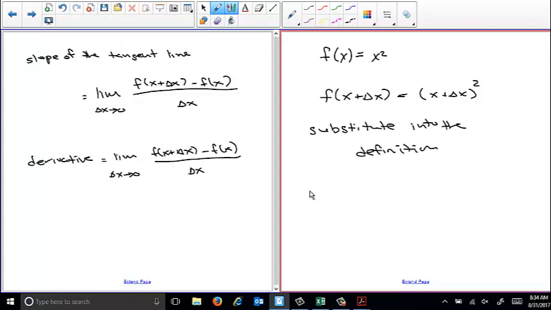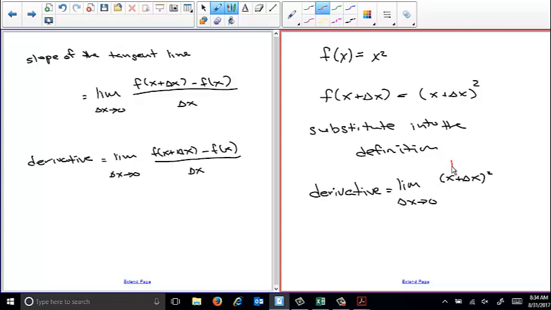So what we say is the derivative in this case is equal to the limit as delta x approaches 0 of f of x plus delta x. So I use what I've come up with here. I have x plus delta x squared.